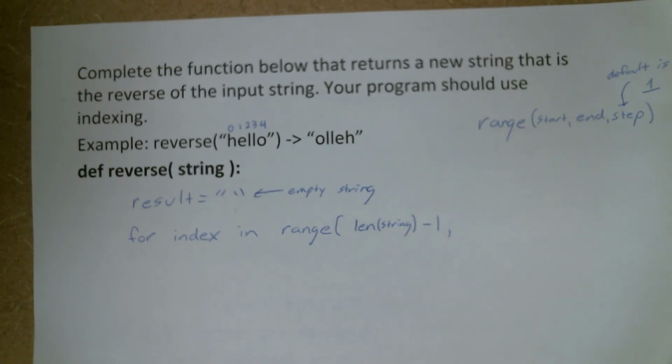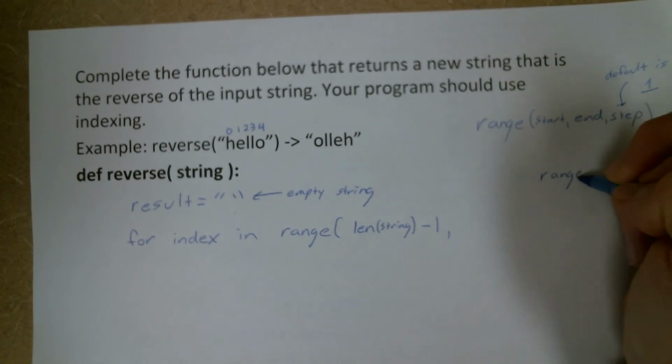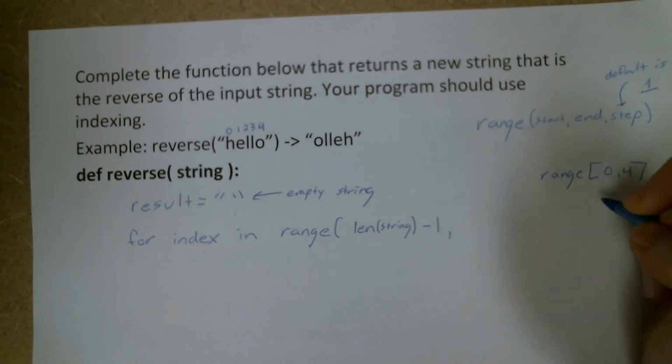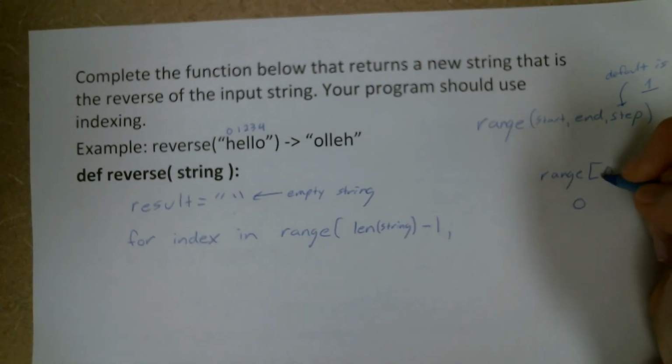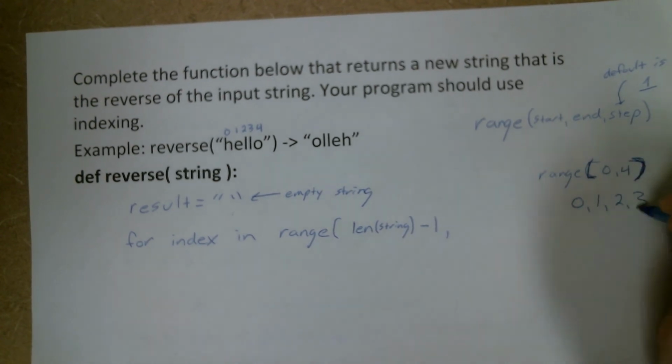Not quite. Remember that when you do a range, let's just pretend I'm doing a range from 0 to 4, you get 0, 1, 2, and 3.